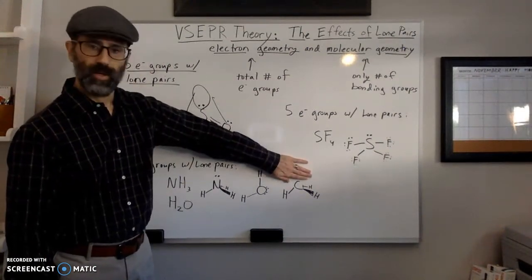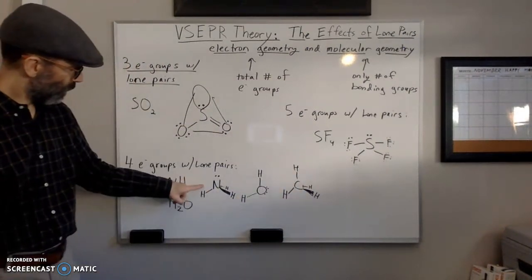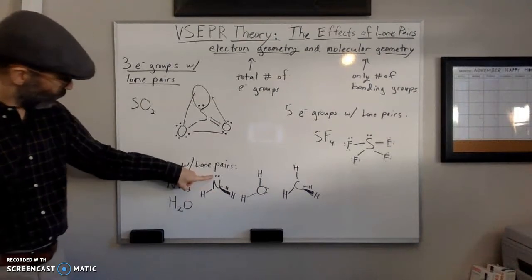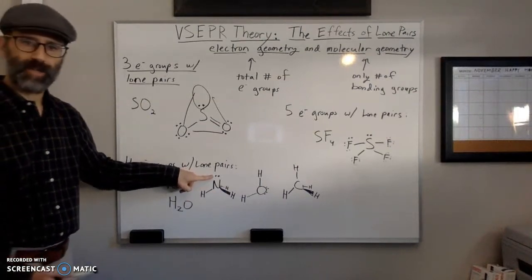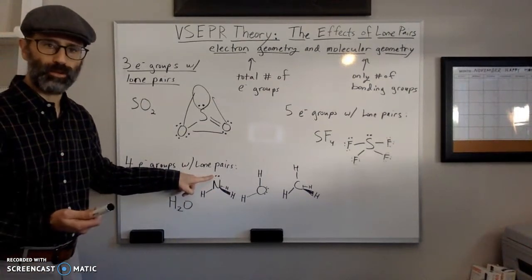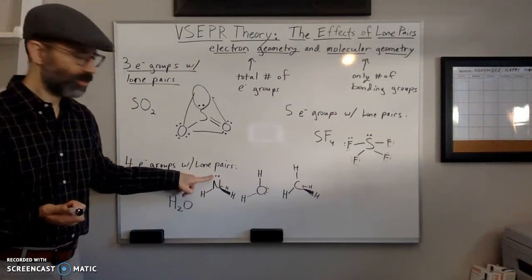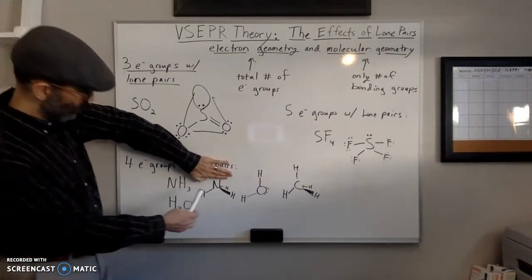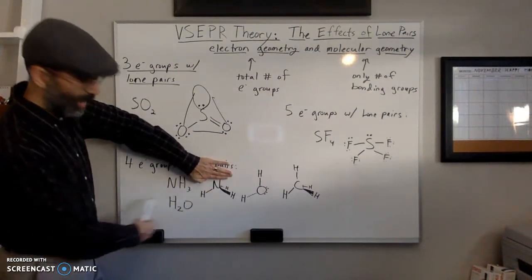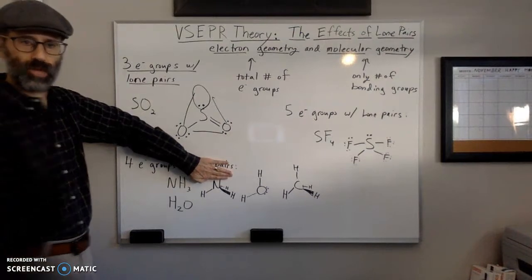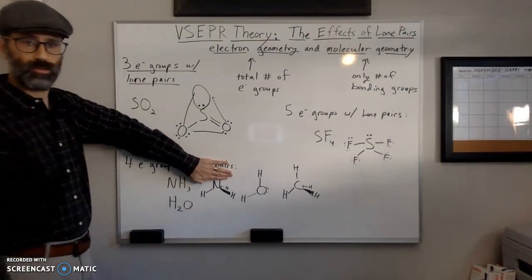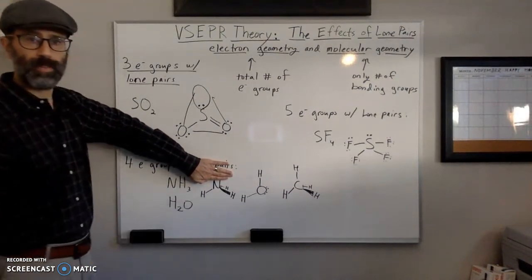So if you look at ammonia, this lone pair is not an atom, and when we're looking at the shape of the molecule, we're only looking at the atoms. If you cover this up and just look at that shape, that's a different shape. That's not tetrahedral. We call this trigonal pyramidal.